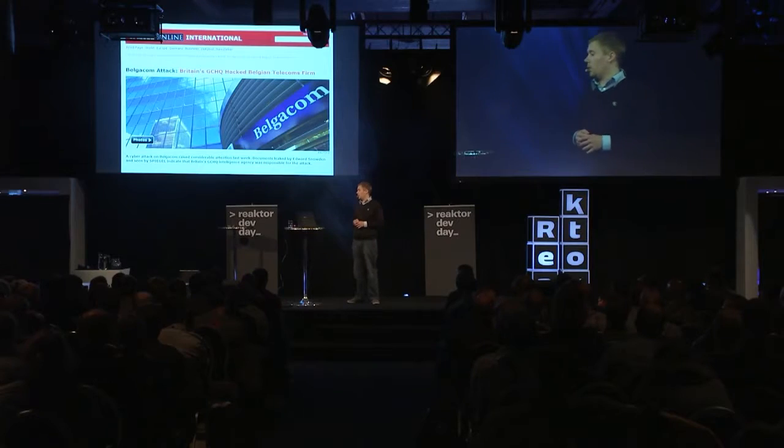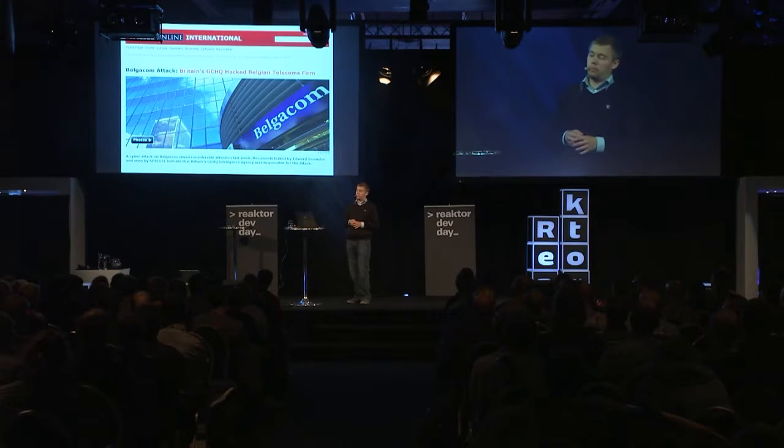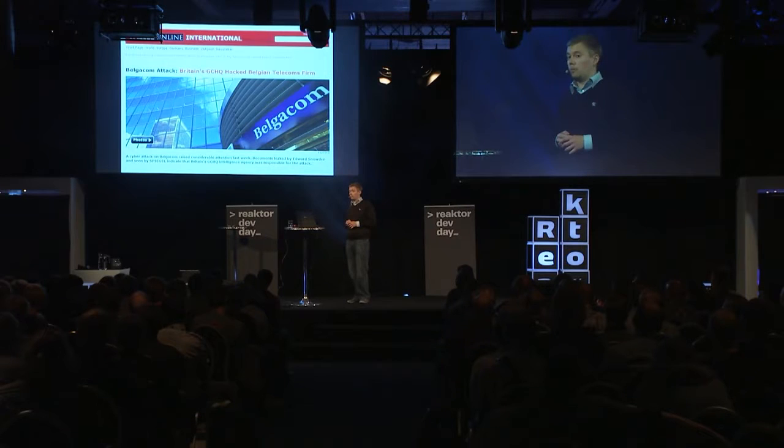And interestingly, Belgacom, being in Belgium, is the mobile operator that handles most of the traffic from, let's say, the big EU institutions, the European Parliament. So this was pretty obvious who this was. It was the UK, this time with GCHQ, penetrating these systems with the help of, let's say, most likely their allies and companies like Endgame.